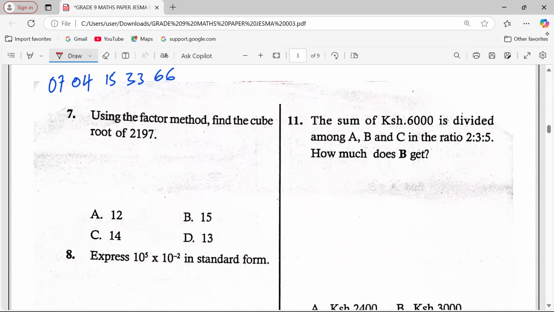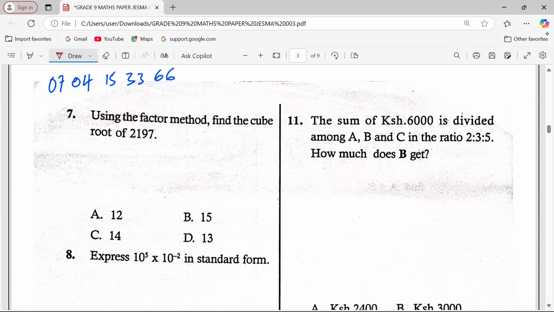Let's get to number 7 now. Using the factor method, find the cube root of 2,197. Therefore, for us to use factor method, whether we are finding cube roots or square roots, we are supposed to factorize a number into the respective prime factors.